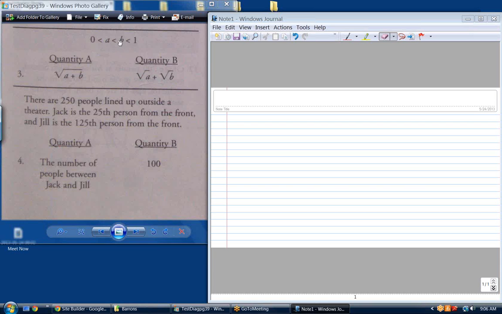But the fact that they've made these numbers between 0 and 1 means it's a little harder to do that. It's a little harder to come up with numbers that are going to add together and give us a perfect square root, and each of them also. So it's going to be tough to use numbers here to solve this.